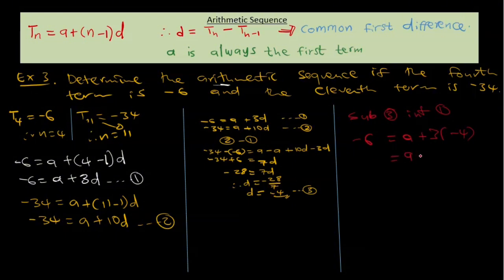So this will give me a minus 12. Therefore, minus 6 equals a minus 12. Take this to the other side, so a is going to be positive 6, right? Great. Now, going back to the question, determine the arithmetic sequence, right? So the arithmetic sequence, this means, let me create space.